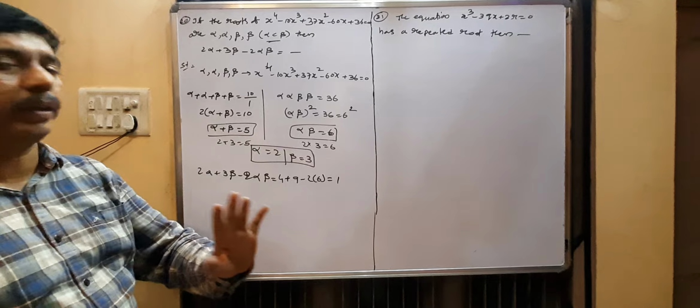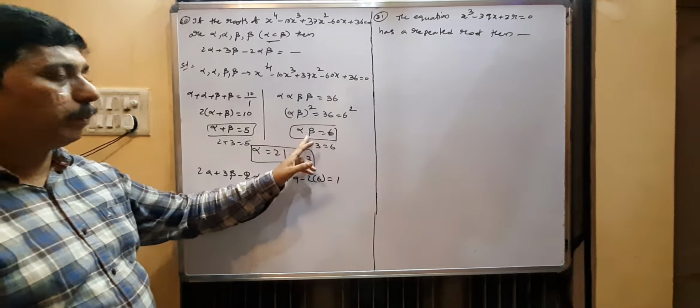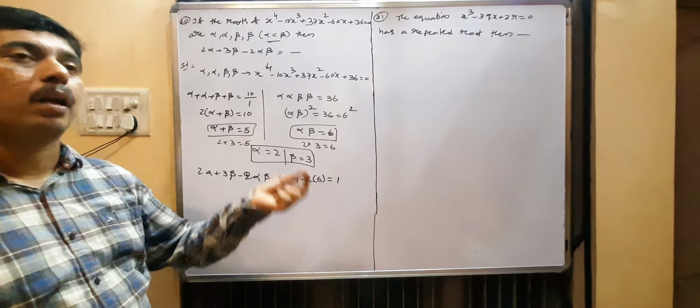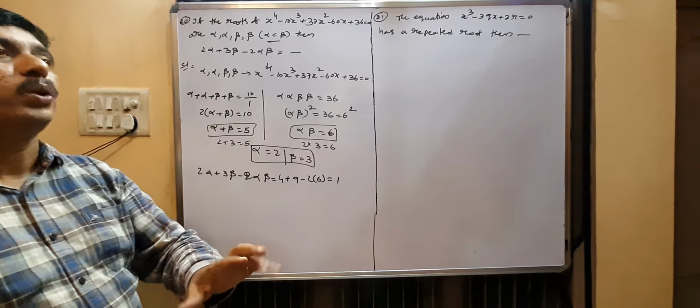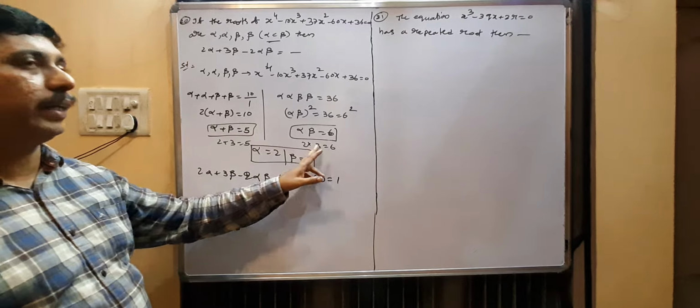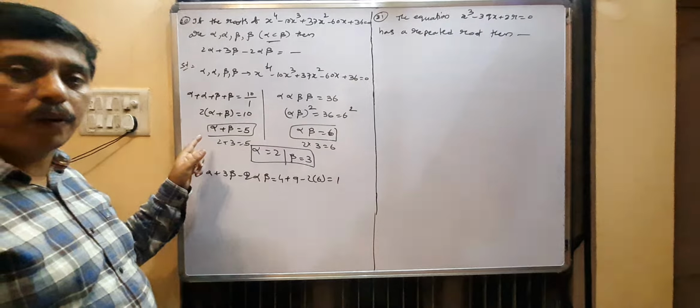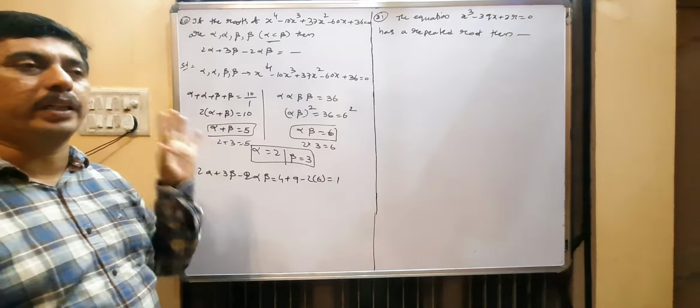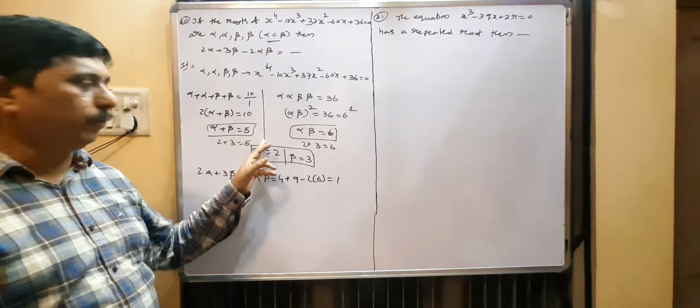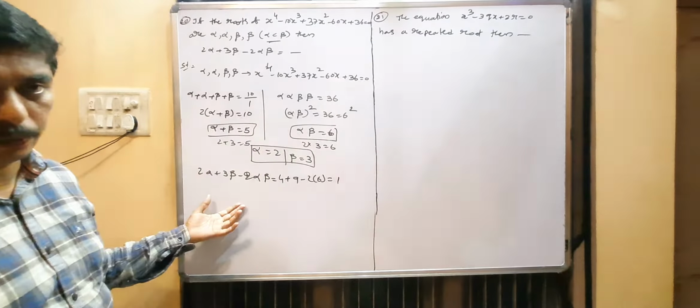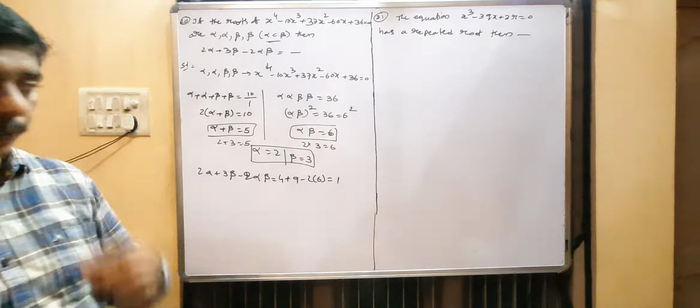If you take alpha beta as minus 6, one root must be negative. In that case you can take alpha value minus 1 and beta value 6, and minus 1 plus 6 is 5. So substitute those values also. We get one more value, or the same value.